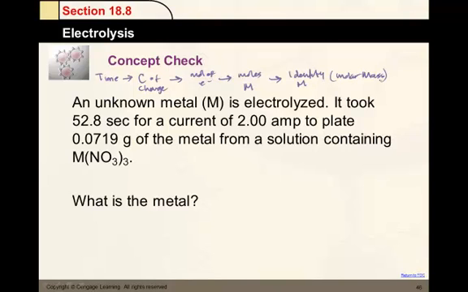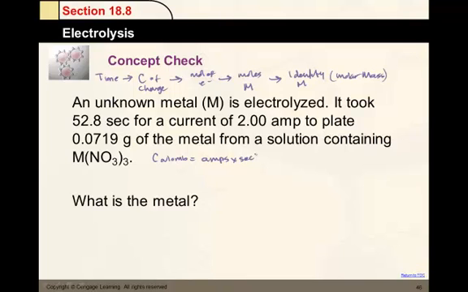All right, so we have an unknown metal, and let's see what we are going to say about time. Remember, a coulomb is the number of amps times seconds, for an amp is a coulomb per second.